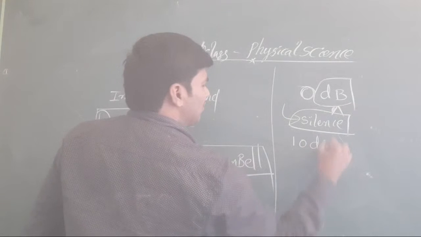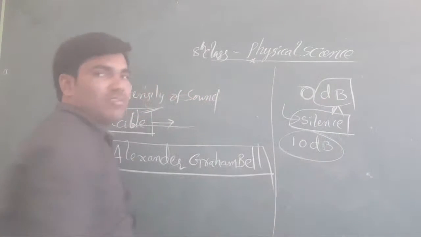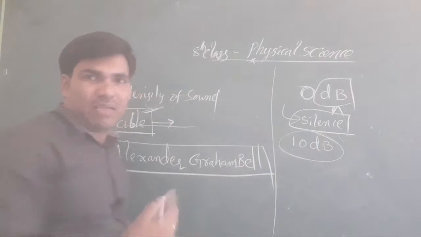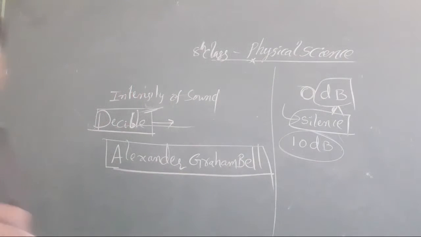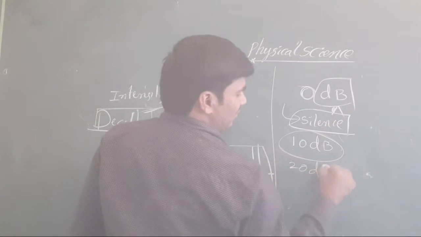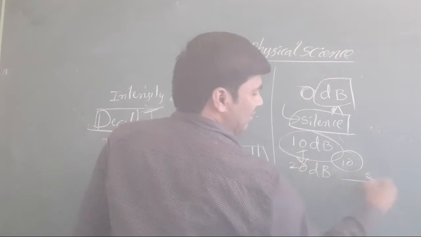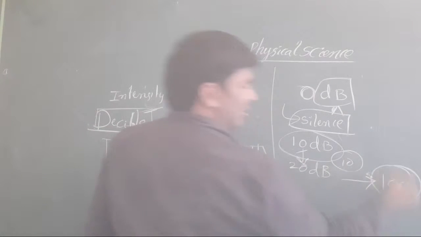Suppose 10 decibels means what? It is 100 times the silence. At the time of silence there is no sound. But 10 decibels is 100 times that. And 20 decibels: the difference is only 10, but the intensity is measured as 100 times.